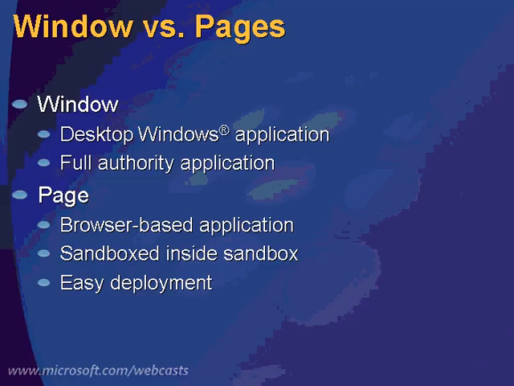In WPF, we take that up a notch because we sandbox our application inside a sandbox that's already been provided for us. So we limit that even further. But we still have the ability to take full advantage of, for example, the graphics processing capabilities present on the machine. Whereas in an HTML world, we can't really do that.